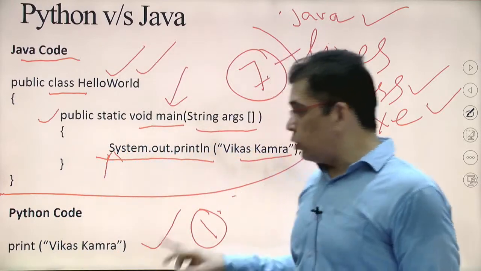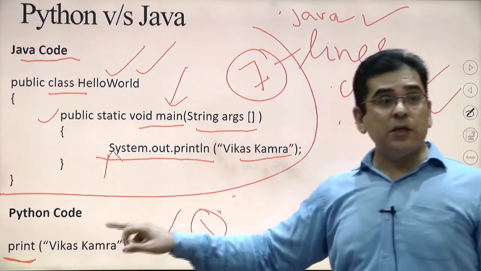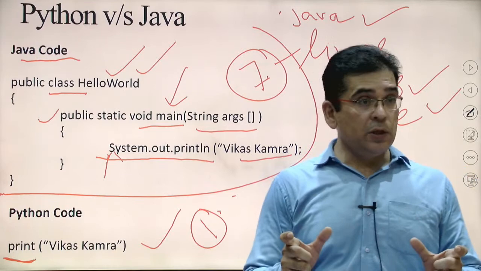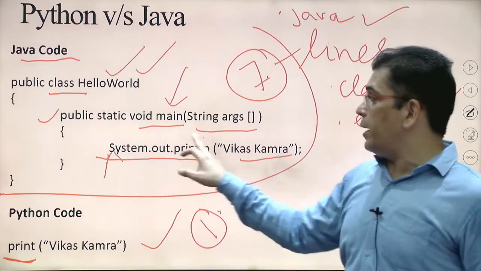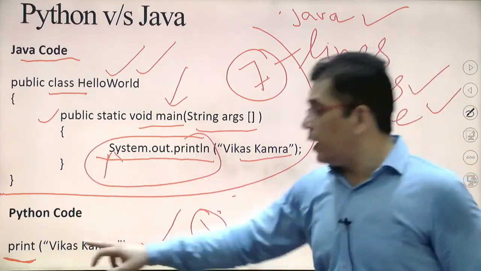But in Python, simply write print. Now you can see the name of the function. Here the name of the function is print. Because you want to print something on the screen, you do not require System.out.println. You just require print.